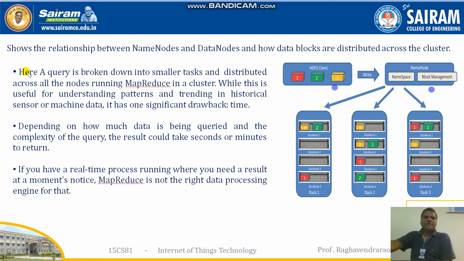Then we can see that the query is broken into smaller units and distributed across all the nodes running MapReduce in a cluster. While this is useful for understanding patterns and trends in historical sensor or machine data, there are some drawbacks because of the time constraint.